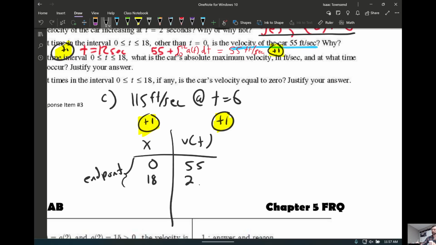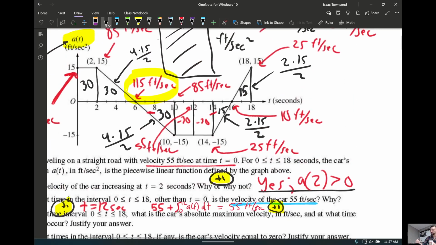25? Okay. So they want to see that you test the endpoints, and they want to see that you test certain critical numbers. So where it's crossing the x-axis, it could be like maximizing or minimizing. So that would be like t equals 6 and t equals 16. There's a good chance that it maximized here and then went down, or it minimized and then started going up.